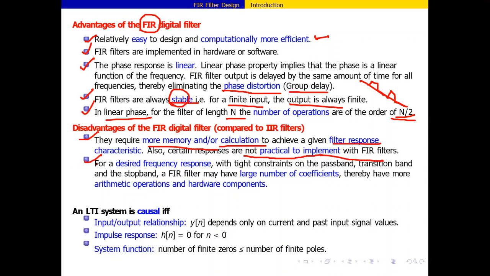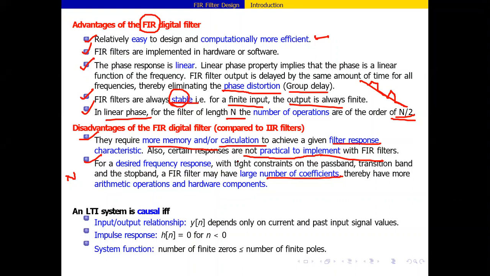Next, for a desired frequency response with tight constraints on the pass band and the transition band, a FIR filter may have a large number of coefficients. Based on these values, you will get the order of the filter. It is very difficult to implement with a large number of coefficients.